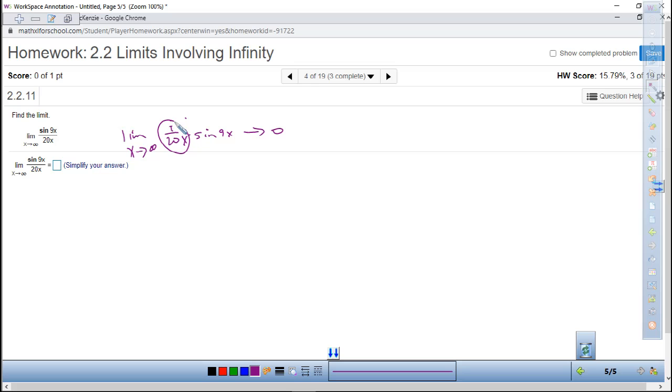Remember, it's very, very important what x is approaching. As x approaches infinity, this goes to 0. If we're doing x approaches 0, then this would end up being 20 over 9. So it's very, very different.